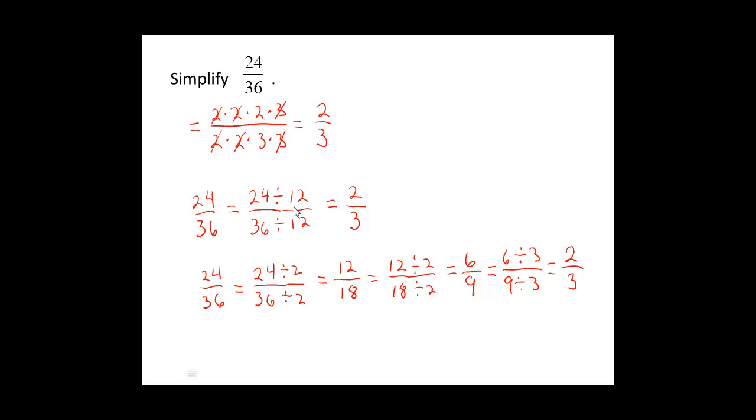The first two methods, we needed to know the prime factorization, or the greatest common factor. In our last method, we just took it step by step and continued to divide the numerator and denominator by the same number until we got to a fraction that the numerator and the denominator have no factor other than 1 that divides both of them.